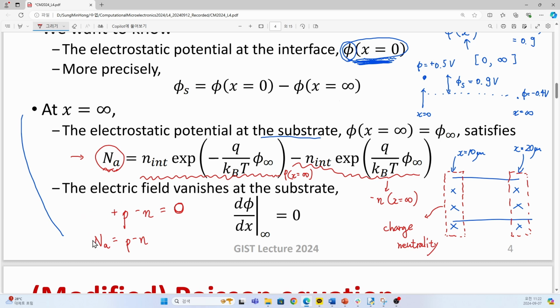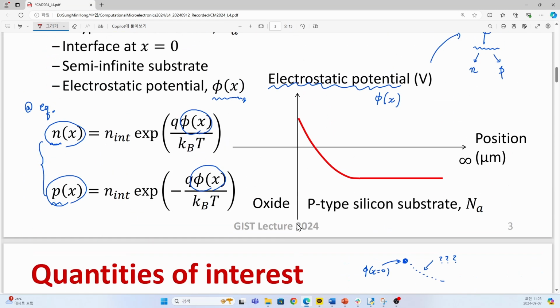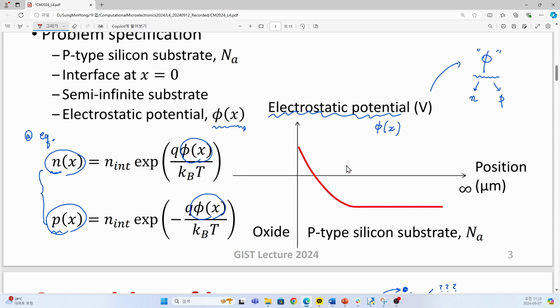Another condition at the deep substrate point is that the electric field vanishes at the substrate. So if we calculate d phi over dx at a substrate point, then that should vanish. So it is quite reasonable. For example, let's have a look at a model electrostatic potential profile. Here you can see that everything is just uniform, independent of the position coordinate, and when you take d phi over dx here, of course it vanishes.